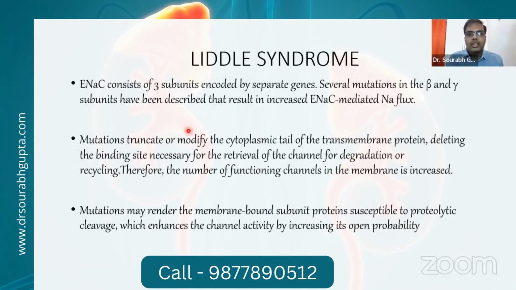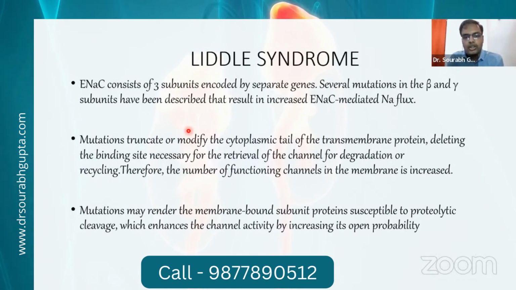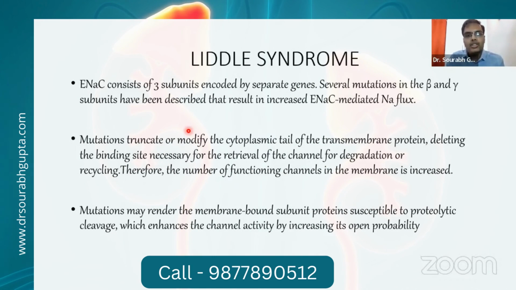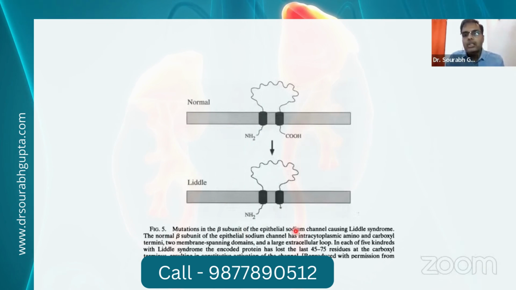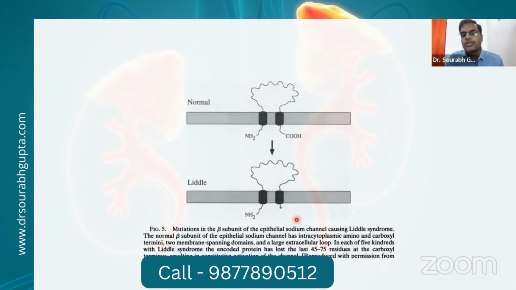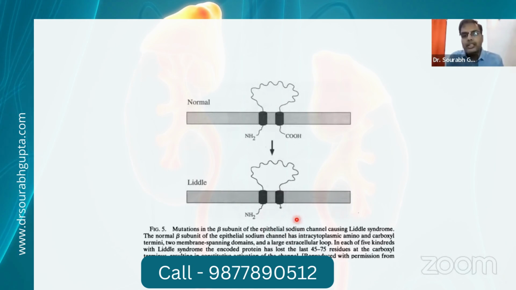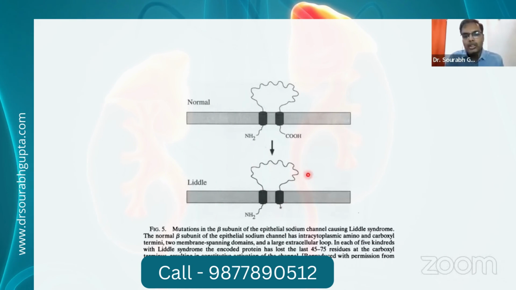Basically, it's the ENaC channel, which is there in the collecting tubule of the kidney, which is mutated, and it becomes constitutively active. This constitutively active ENaC channel does not get affected by inhibition in systemic hypertension, does not respond to decrease in aldosterone, and is not recycled back into the cell.